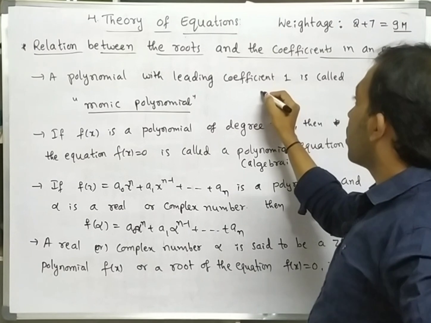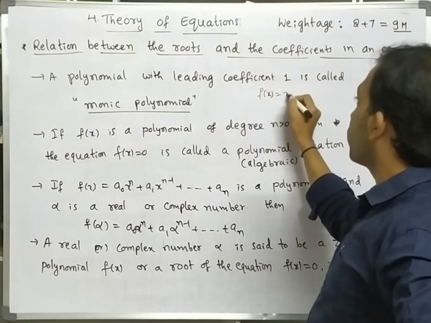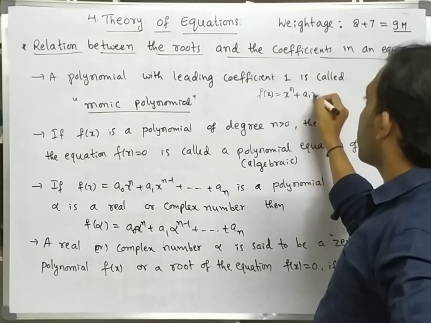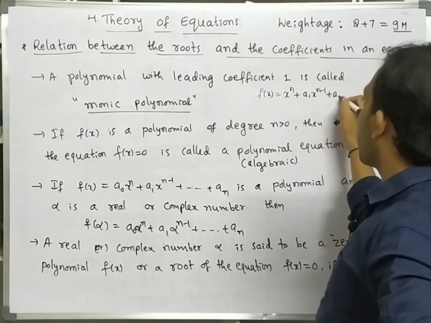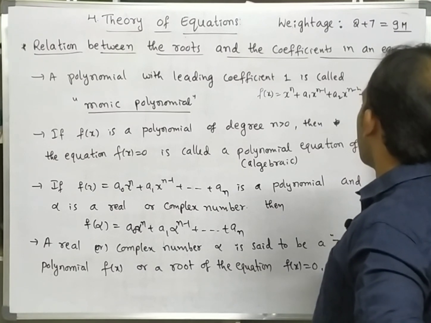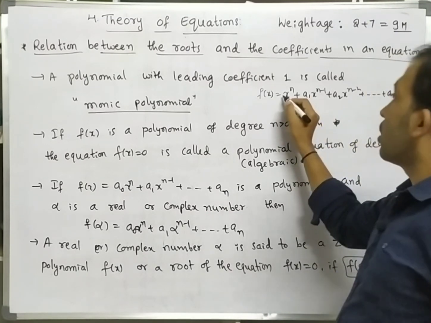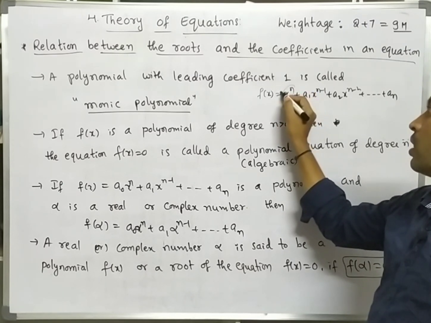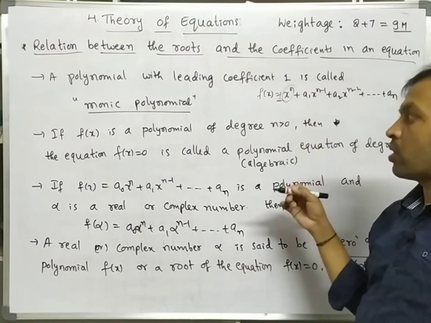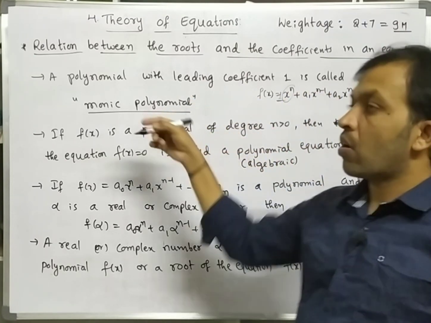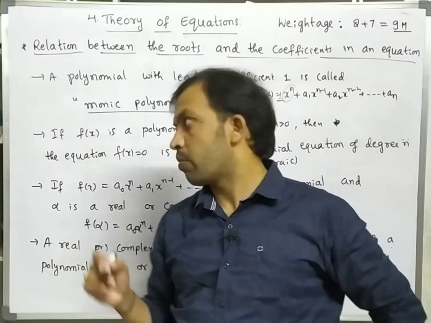That means f(x) = xⁿ + a1 xⁿ⁻¹ + a2 xⁿ⁻² + ... + an. Here the leading coefficient, the coefficient of xⁿ, is 1. So a polynomial with leading coefficient 1 is called a monic polynomial.